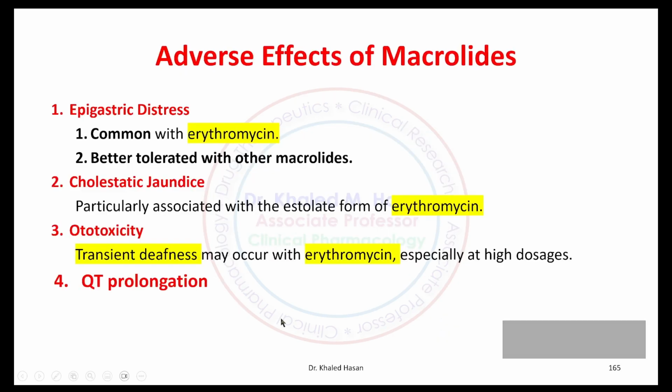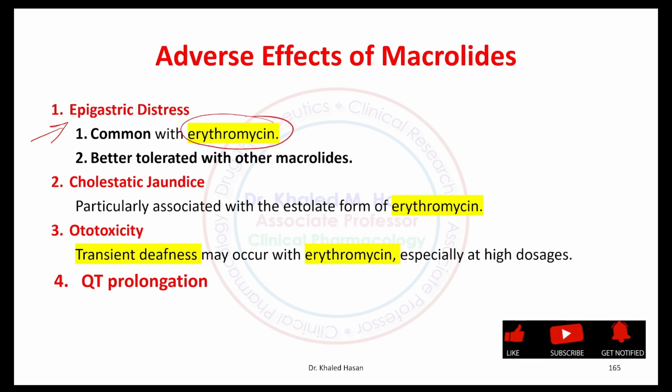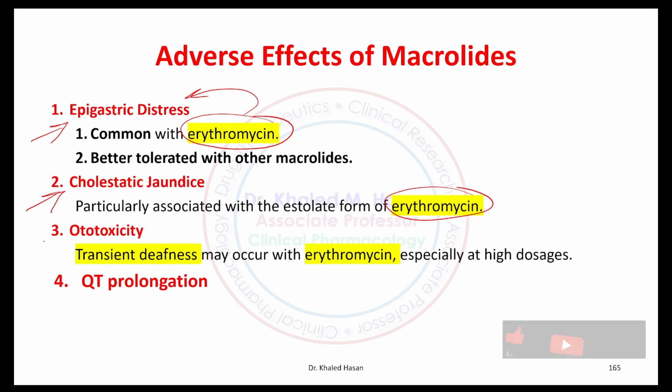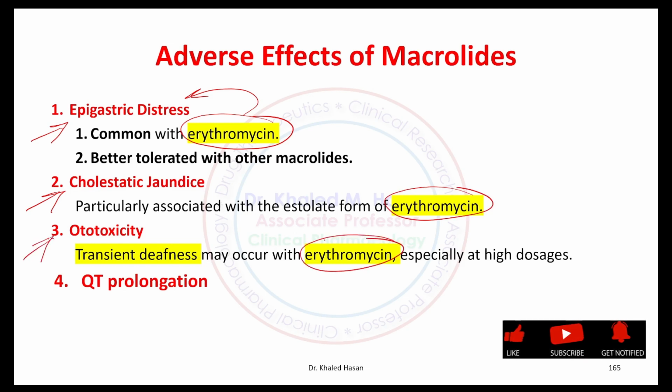Adverse effects: we need to take into consideration that the patient may suffer from epigastric distress, better tolerated with the others. Erythromycin, the most popular medication, may cause epigastric abdominal pain. Cholestatic jaundice, especially with erythromycin. Ototoxicity, especially with erythromycin.